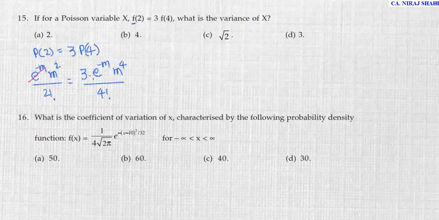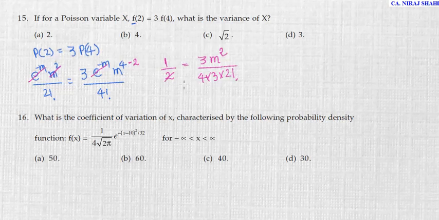E raised to minus m would cut, m raised to 2, and here we can just deduct 2, so now we have only m raised to 2. Factorial 2 here, it is 4 factorial, and 4 factorial is nothing but 4 into 3 into 2 factorial. Let me write down here actually, 1 divided by 2 is equal to 3m raised to 2 divided by 4 into 3 into 2 factorial.